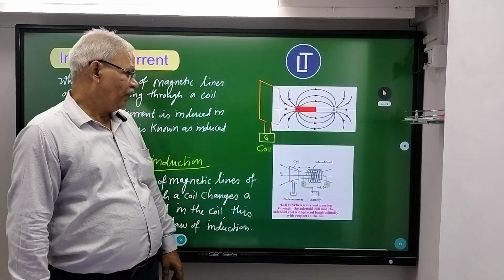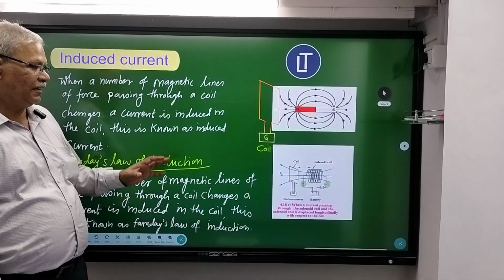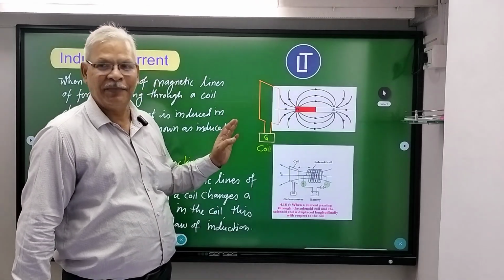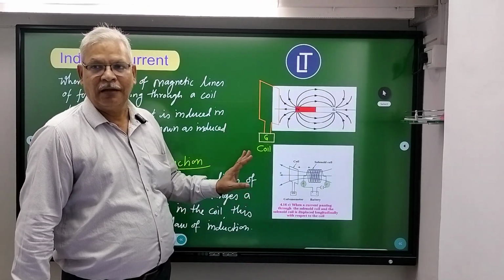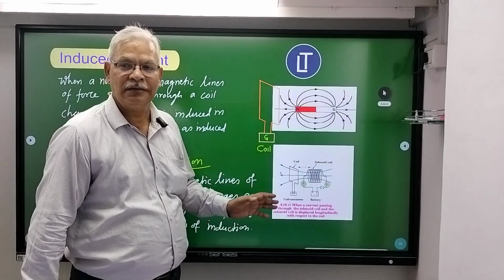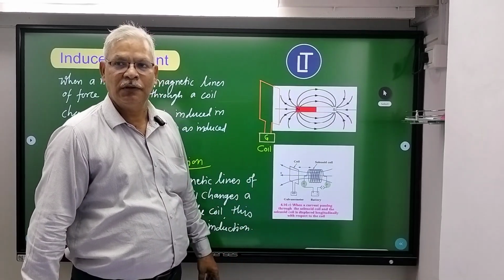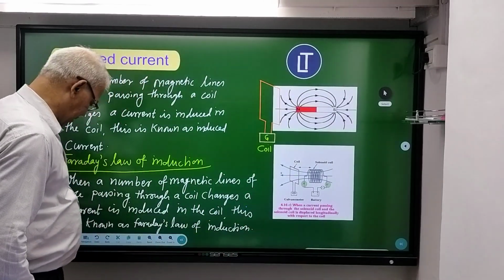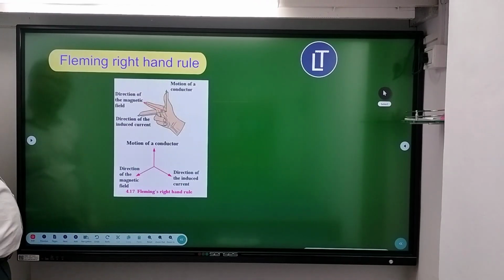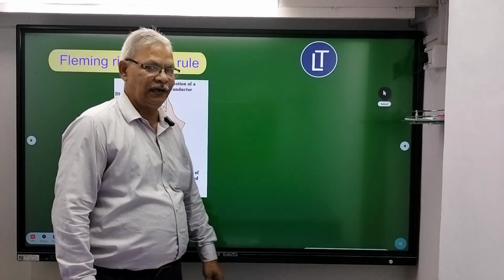Now, for the direction of current and the magnetic field, there is a Fleming right hand rule that I am going to take as the next topic.